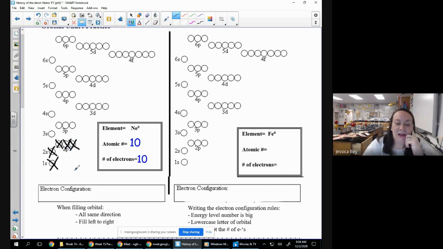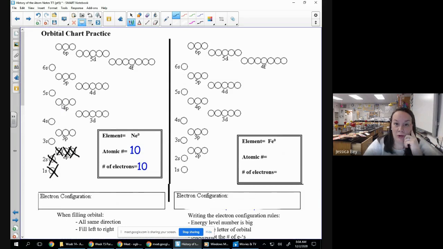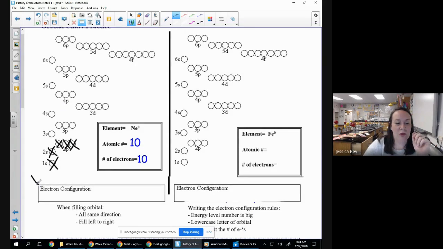Okay, so that is what is called the orbital chart. Then they just have you write what's called an electron configuration, where you write down what you see. You write it with a big number, the little letter, and then a superscript for how many electrons you have in there. So write down here, if you follow along, the electron configuration is 1s, and I have 2 slashes for 2 electrons.